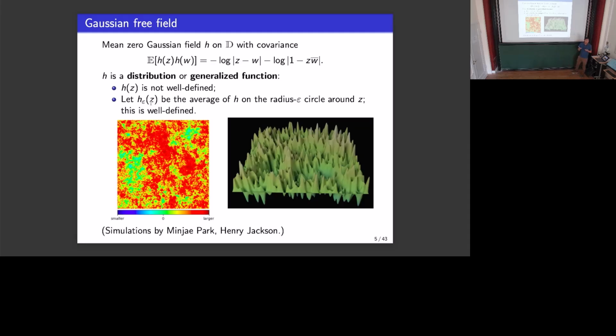But if you regularize it in some way, like you convolve with some approximation of the delta function, or you take the average of the function on a circle, then you can indeed get a function, and it would look something like this. Okay, so this is a nice object. It's Gaussian. Its variances are explicit. This is pretty easy to work with.